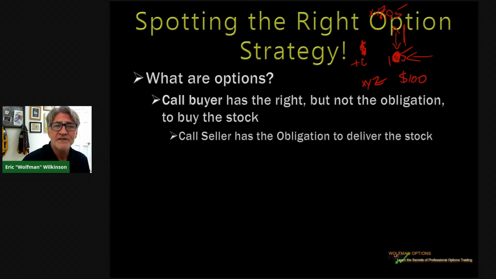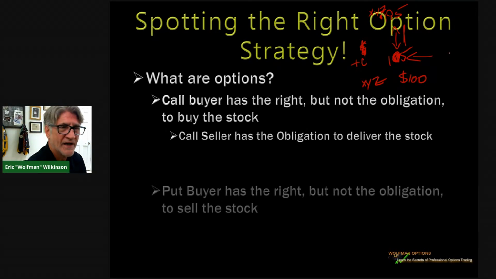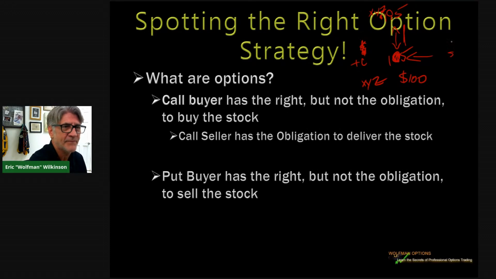And then the option seller, the call seller in this case, has the obligation to deliver the stock. I have to give my stock away. Now, you might think that doesn't make a whole lot of sense. Well, I get to keep that dollar. If I sold this guy that 105 strike, that dollar is mine.